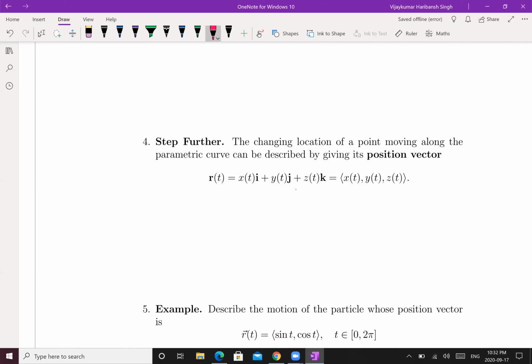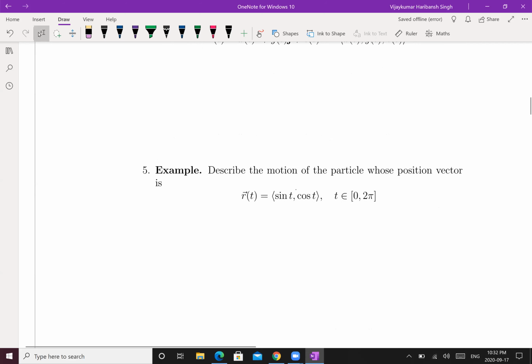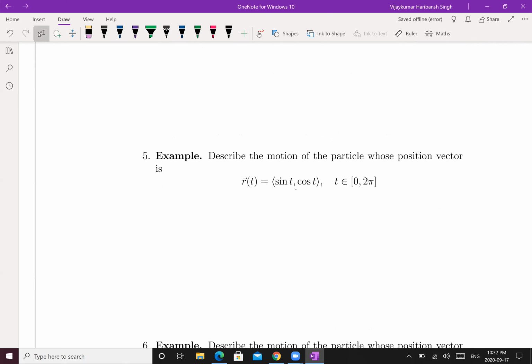Let's look at another example: the motion of a particle whose position vector is this. We have restricted ourselves to a plane, and we have two-dimensional vectors here. At t equals 0, sin 0 is 0 and cos 0 is 1, so we are at 1 comma 0.